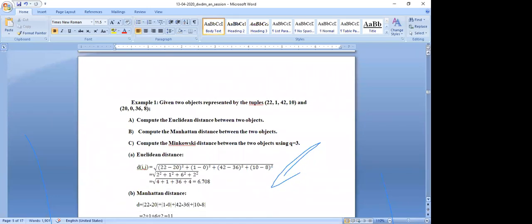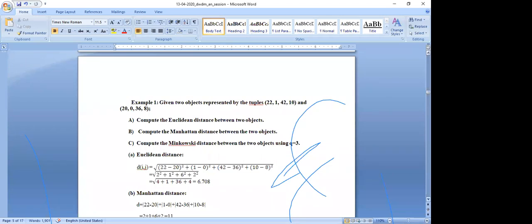Next, let's solve a problem on Euclidean distance, Manhattan distance, and Minkowski distance. We are given two objects: 22, 1, 42, 10 and 20, 0, 36, 8. To calculate the Euclidean distance, the formula is the square root of the sum of squared differences. The first object we take as x1, y1, z1 and so on. The second is 20, 0, 36, 8.